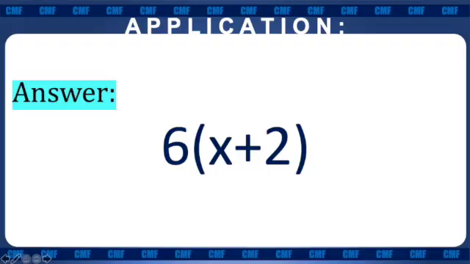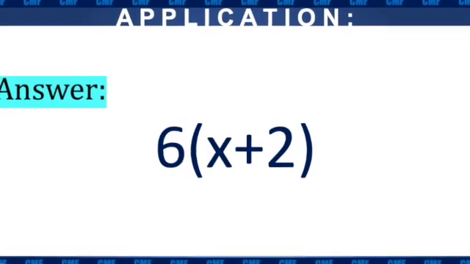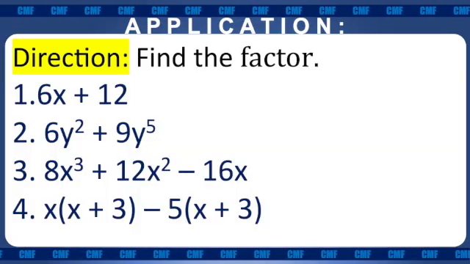Correct. It's 6 times x plus 2. Next, number 2. It's 6y squared plus 9y to the power. What are the common factors? Correct.